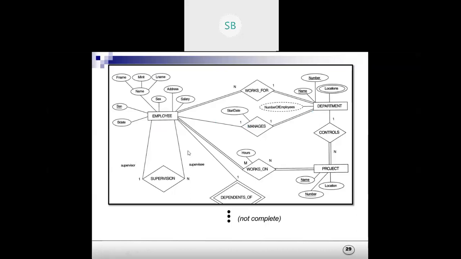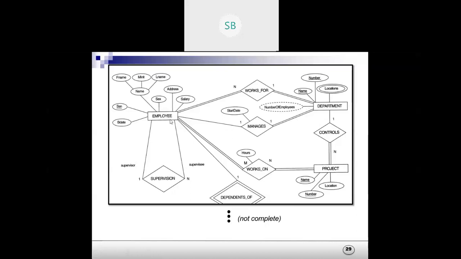That is why with one employee it is a single line, that is partial participation. But every department will be managed by an employee. That is why we have total participation. You need to question yourself and find the answers.